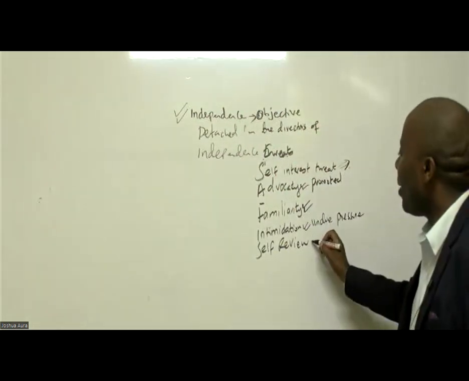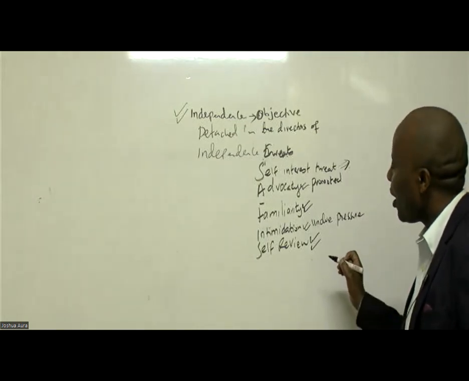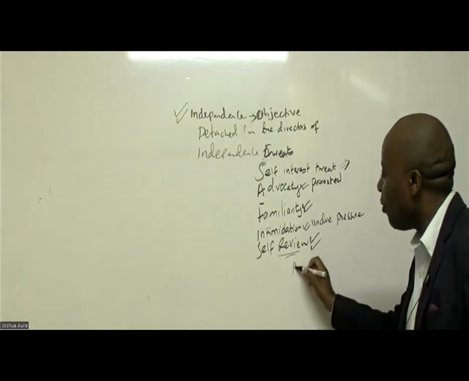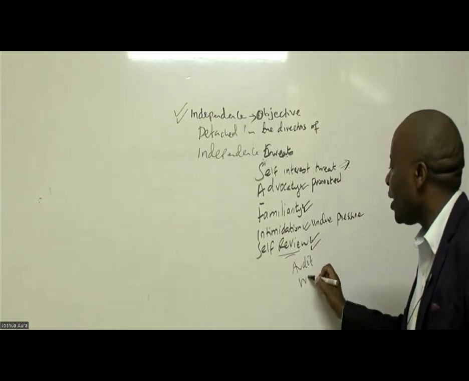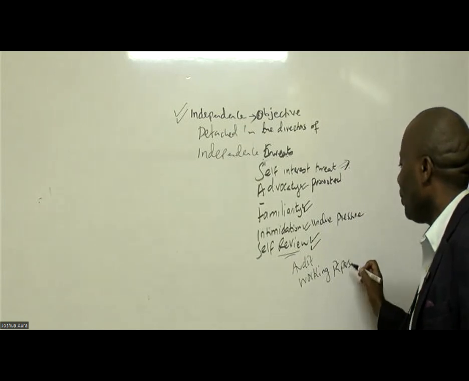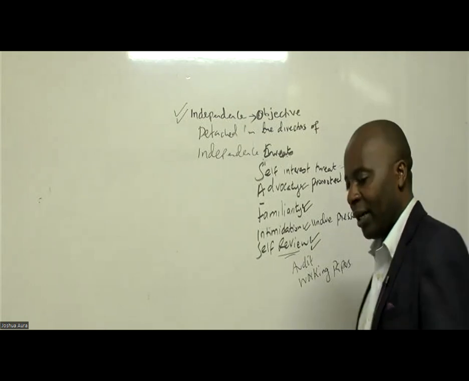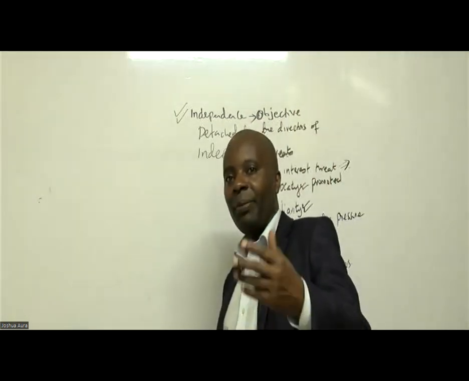Self-review, ladies and gentlemen, normally how does it happen? When, for example, you are doing the normal audit, you are producing what we call working papers. So, for example, we produced a working paper regarding the payroll in the previous periods.